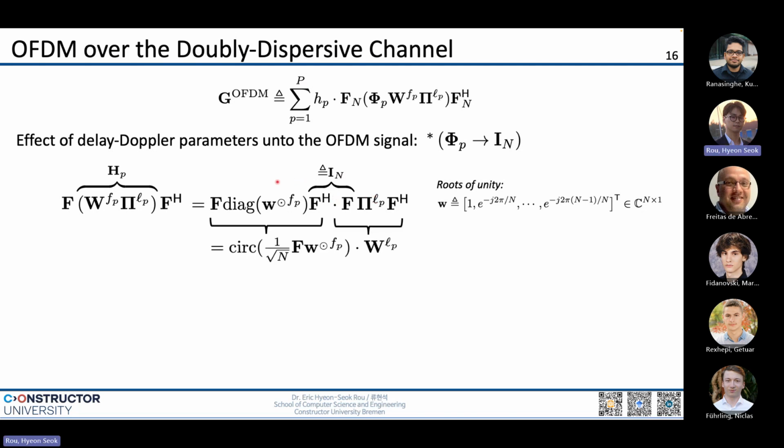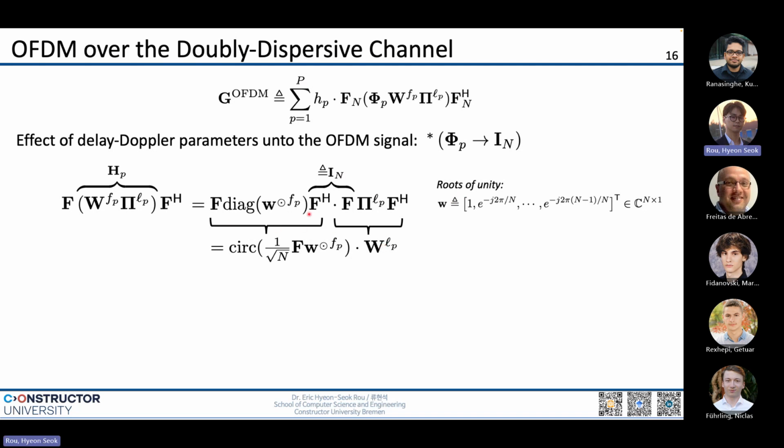And each of these, after this Fourier conjugation, the identities yield that, first looking at the right, the delay shift becomes a phase ramp of the delay value. So now we can see that this W, which is the same root of unity, is taken to the power of this delay factor.